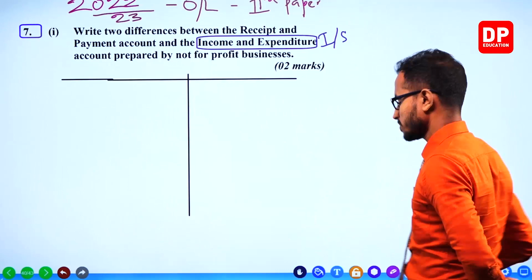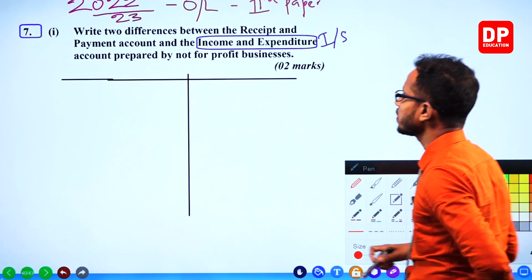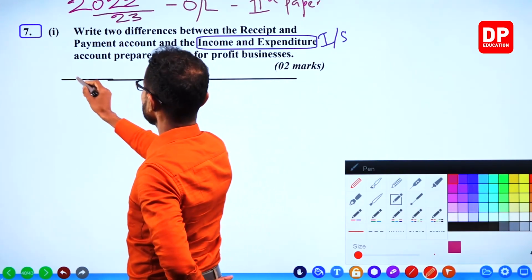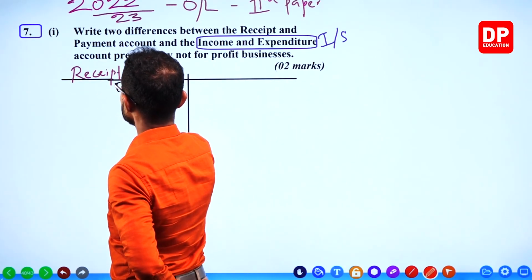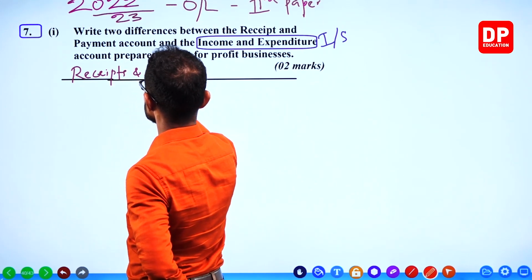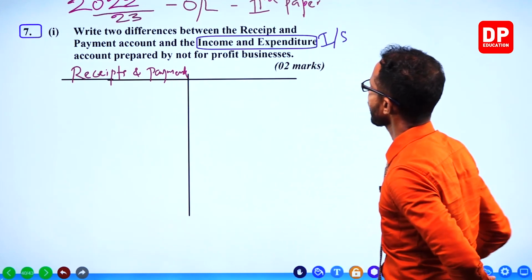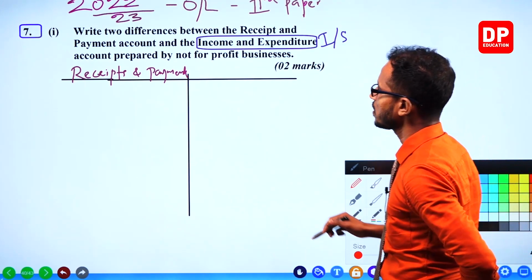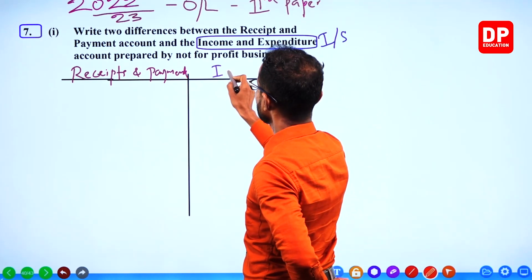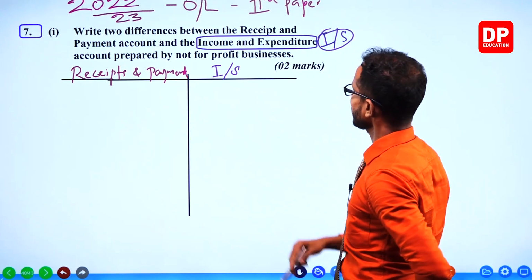This side receipts and payments, and on this side income statement, as I have mentioned here.